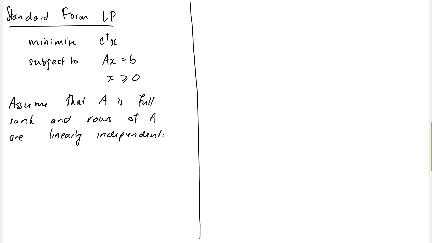Okay, so why do we need to assume that? Well, it doesn't really lose any generality here, because if we assume that the rows of A are linearly independent, it means we've got no redundant equations, and they can't be inconsistent. So A is therefore m by n with rank A equals m, and m is less than or equal to n.